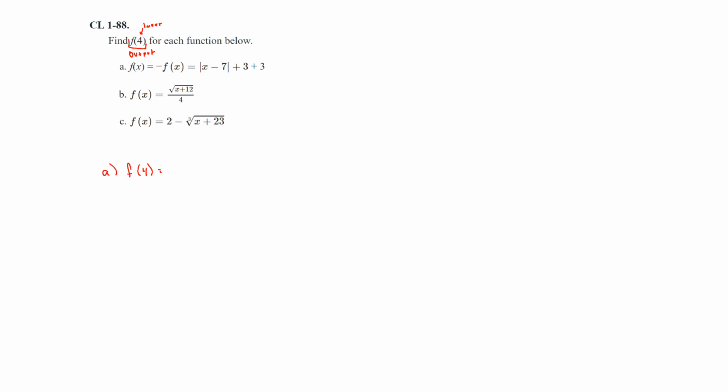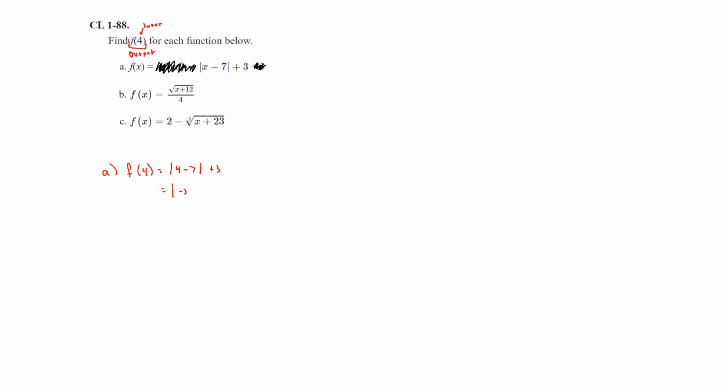So f of x equals the absolute value of x minus 7 plus 3. So f of 4 is equal to the absolute value of x minus 7. So now it's 4 minus 7 plus 3.